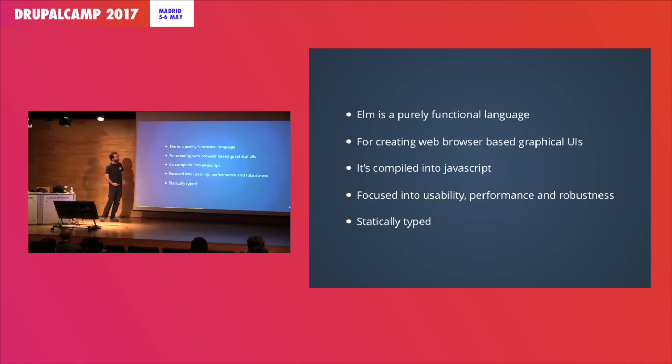The purpose of this language is to create web browser-based graphical UIs. So it's only for creating websites. It doesn't work on the backend. It doesn't work for a desktop application unless you are using something to convert a site into a desktop application.